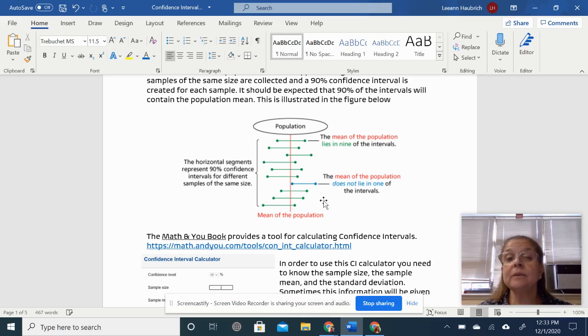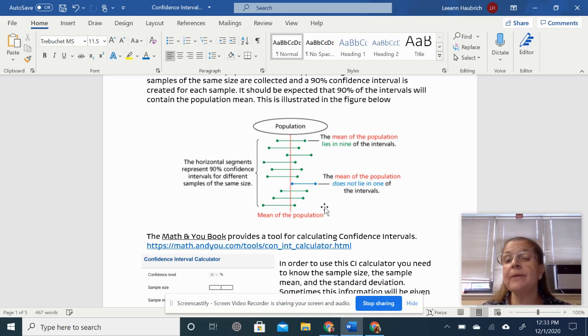Ideally, you want your sample sizes to be large enough so that there's not a lot of variance. So in this case, 9 out of 10 or 90% did contain the true population mean. That's what a 90% confidence interval means.